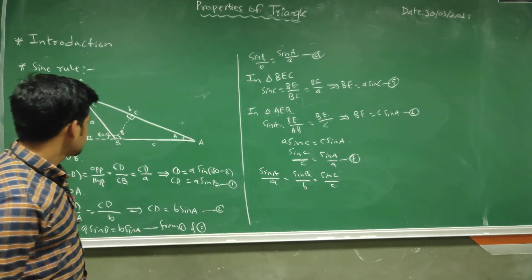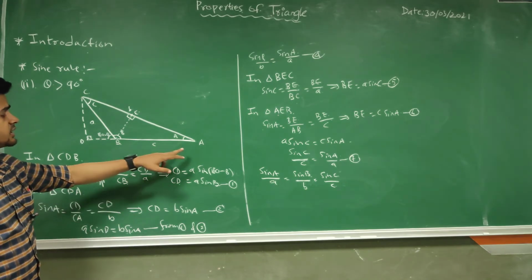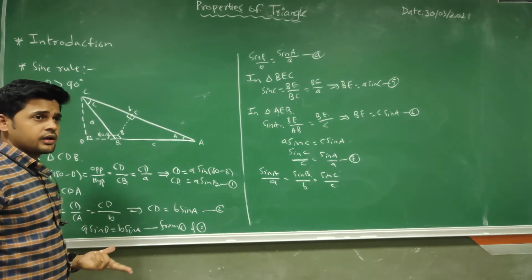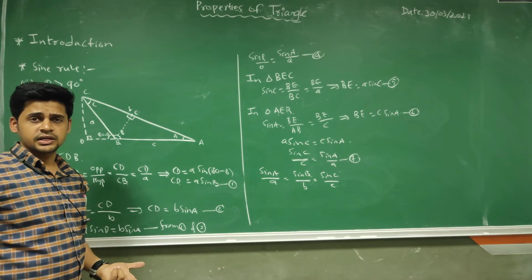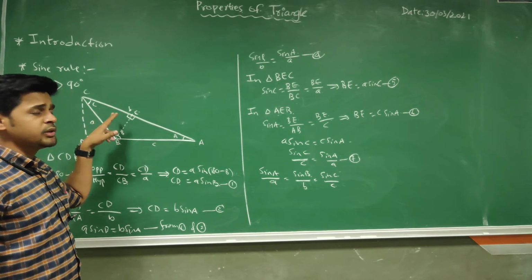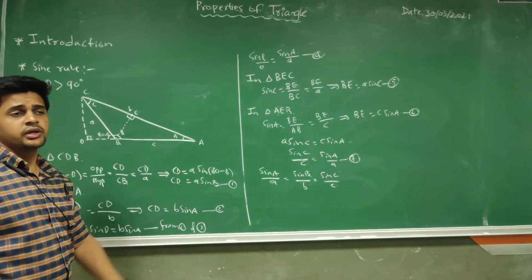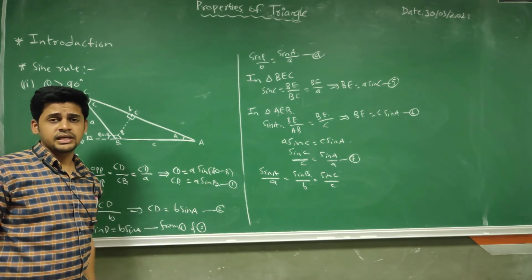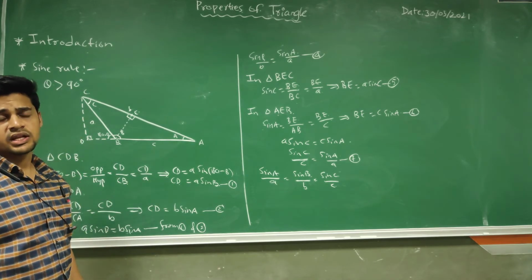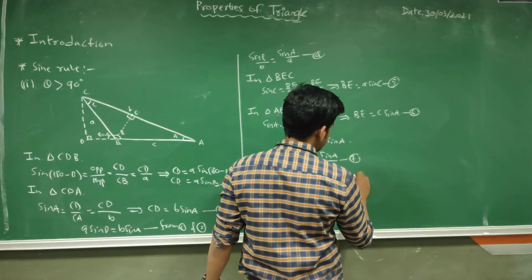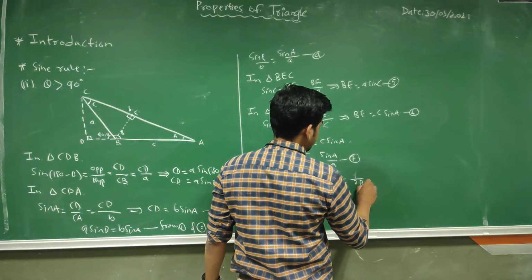And here once again, if the side AC is the diameter of the circumcircle, then AC will be equal to 2R, and as I said, capital R denotes the circumradius.